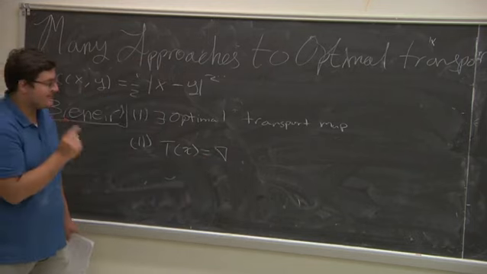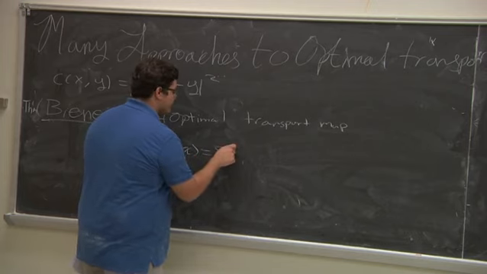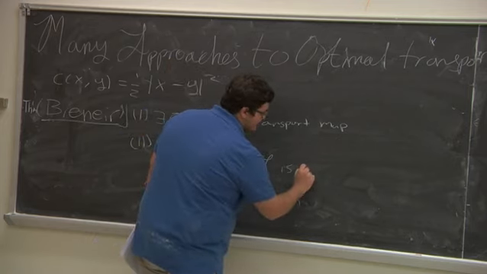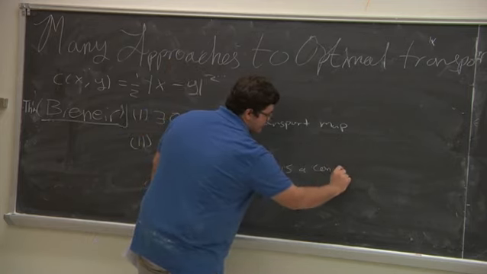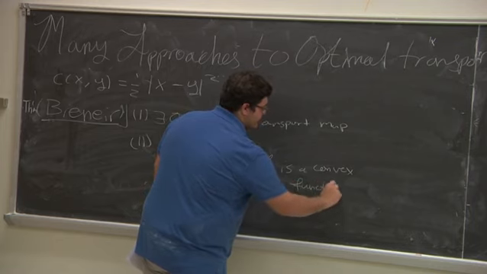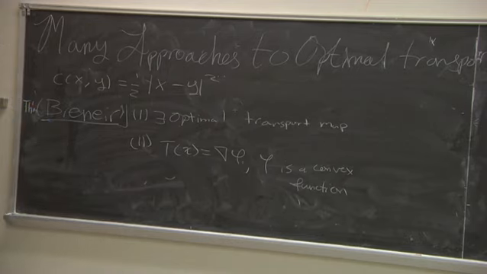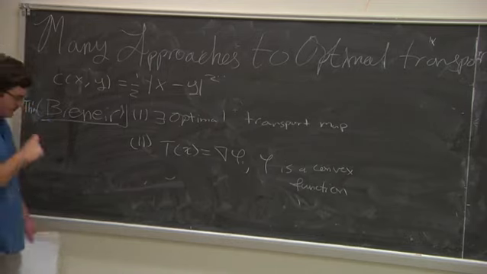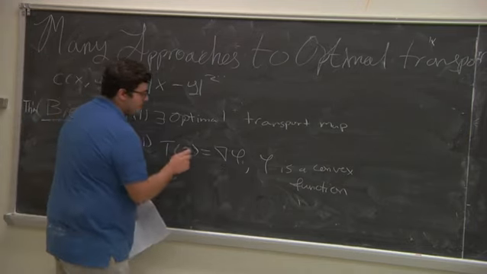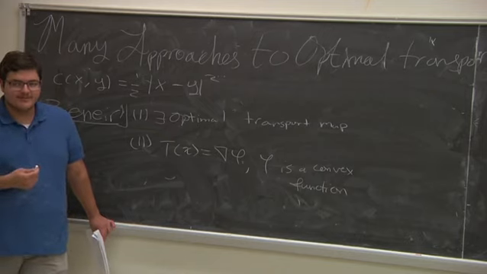What do I mean by gradient? I'll tell you in a second. It is equal to the gradient of phi, where phi is a convex function. Here I mean something slightly weaker.